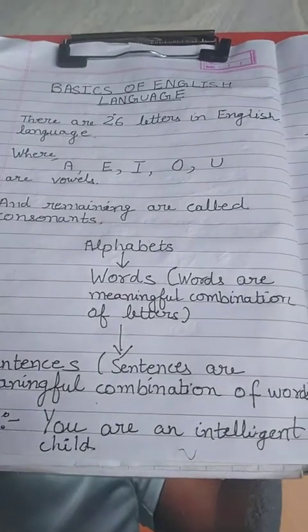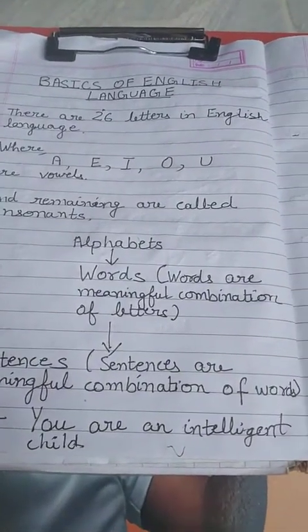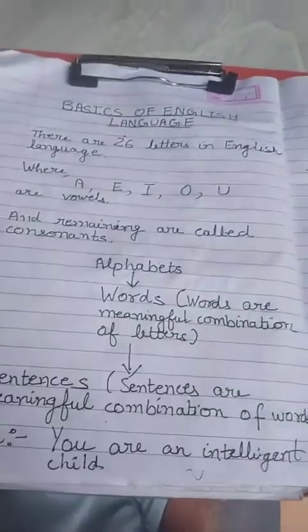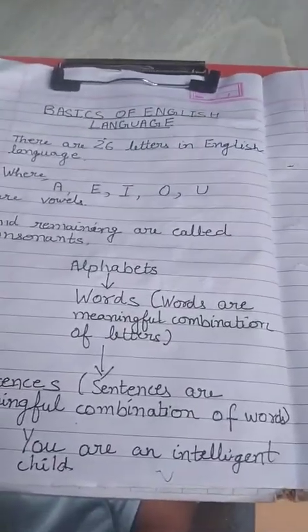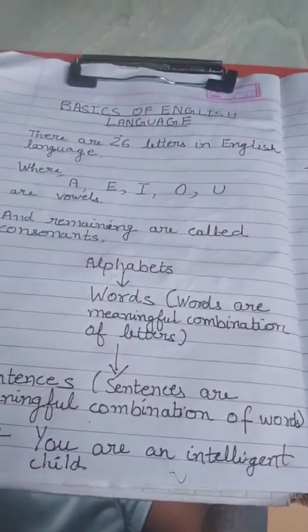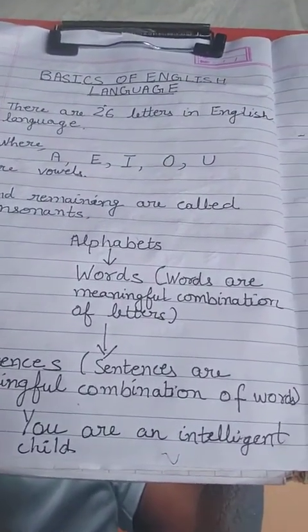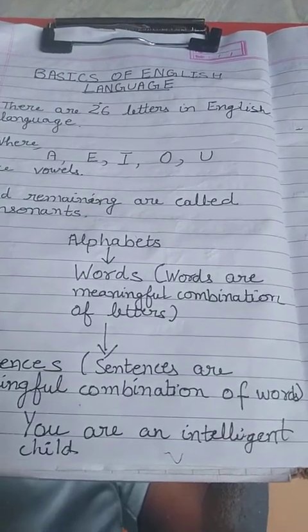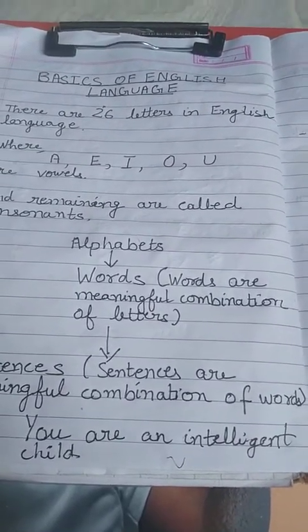Sentences are formed from the meaningful combination of words. Like, you are an intelligent child, where this sentence is formed by the meaningful combination of the words you, are, an, intelligent, and child.